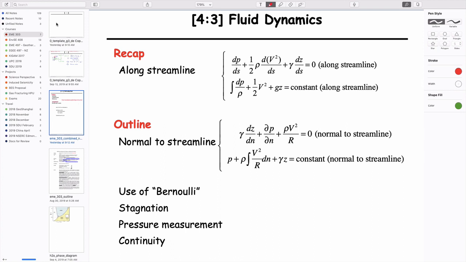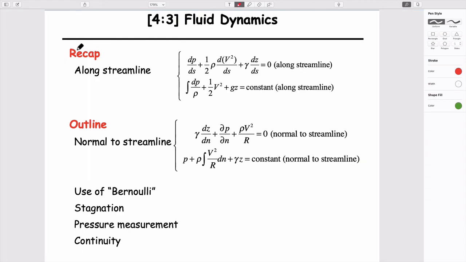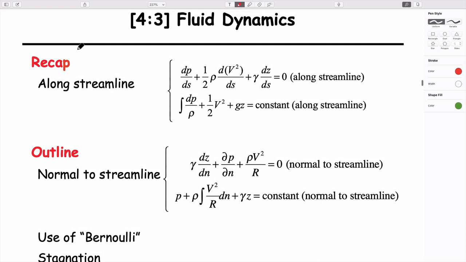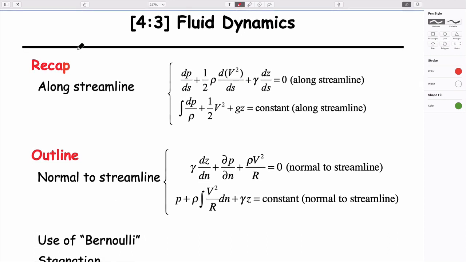So what we talked about last time, we moved from talking about statics, from fluids within a container with no circulation, to fluids that circulate. Last time we talked about the idea that we would have, for instance, an airfoil of some form, and that airfoil would have circulation past it.